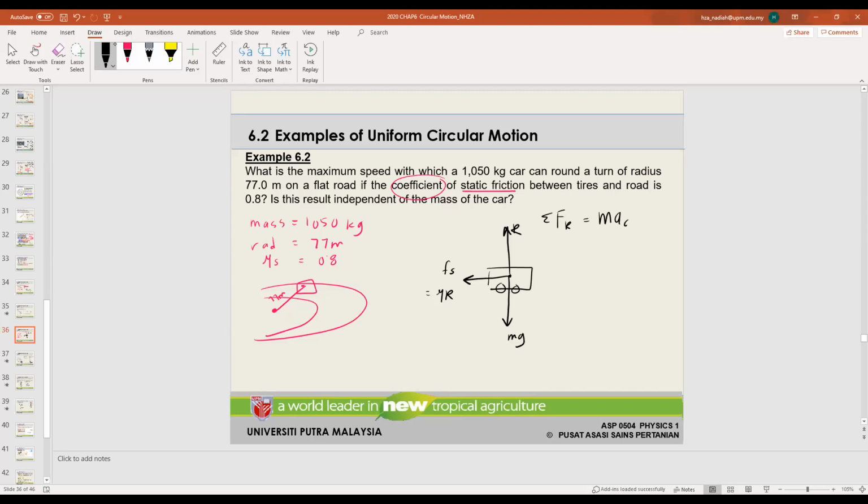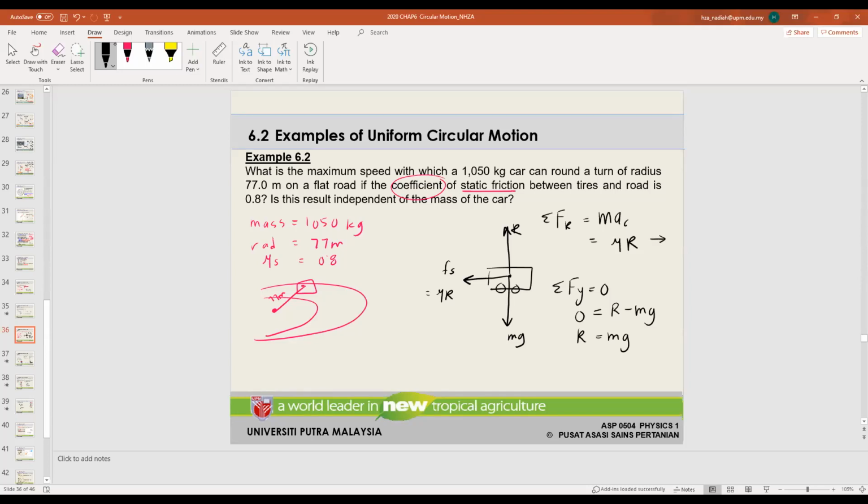What is acting in the radial direction? It is static friction, which is mu R. And here we also know that Fy equals 0 because our car is not flying. It is on the surface and there is no movement upwards or downwards, so it is in equilibrium in the vertical direction. So this means that R minus mg is 0, which means that R is just equal to mg.